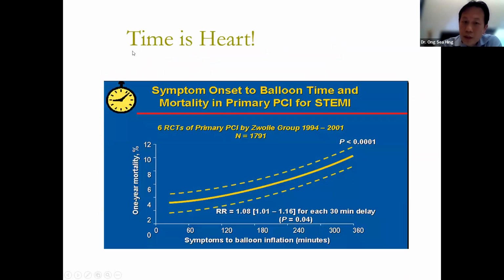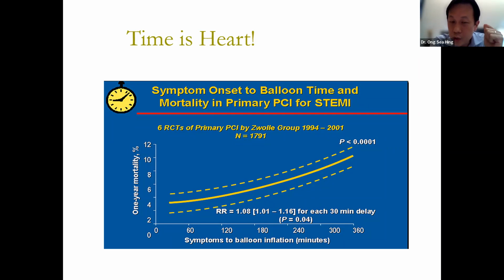And the most important thing to remember when you see an ST elevation is that time is heart muscle. Okay, and when you see an ST elevation, it tells you that there is a 100% occluded blood vessel. Okay, sometimes there is no ST elevation, but the vessel can still be 100% occluded.